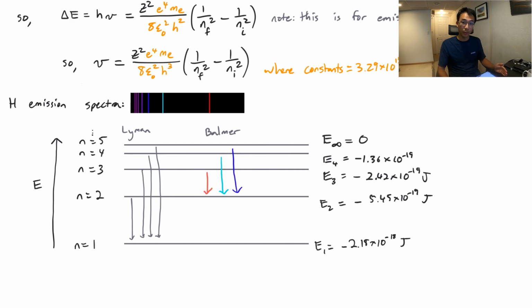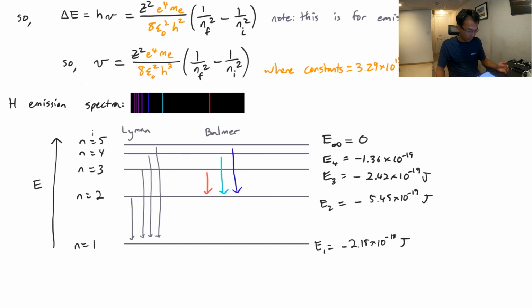And this should match our intuition in that the smaller the energy gap, the less energy that transition is, and the less energy involved in a transition, the longer the wavelength is for the light of that transition. The longer the wavelength is, the more red in color it is.